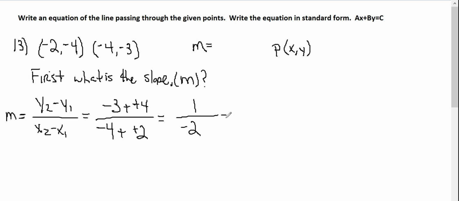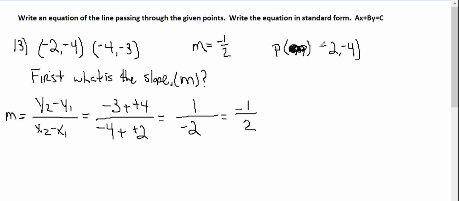So my slope is negative 1 over 2. And I like to use the negative with the numerator, negative 1 over 2. Okay? So now that I know that the slope is negative 1 over 2, or negative 1/2, I'm going to use one of these 2 points, and it does not matter which one. So for my point here, I'm going to use the first one, negative 2, negative 4.